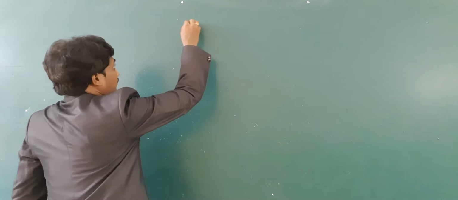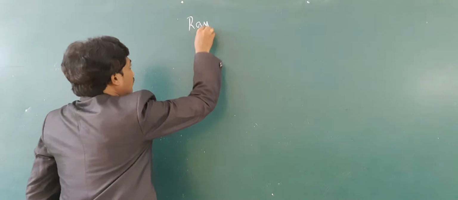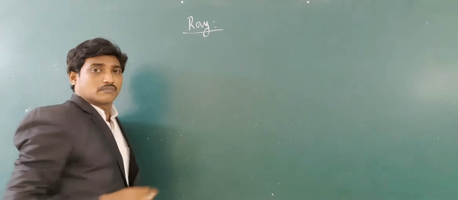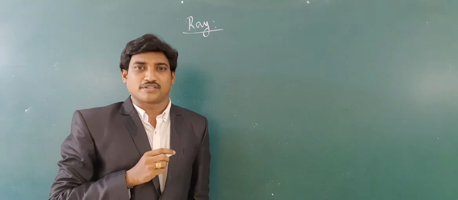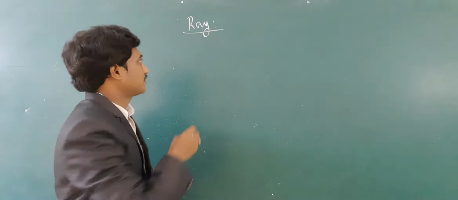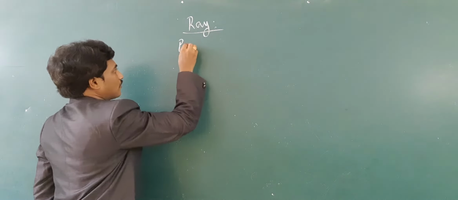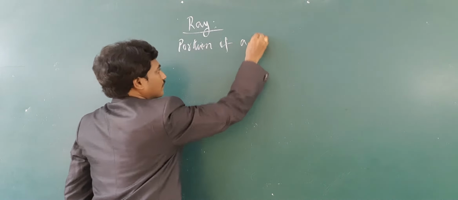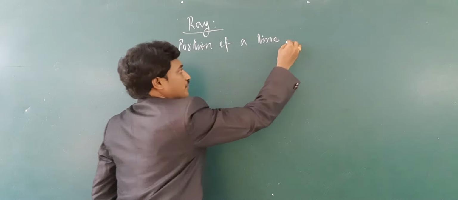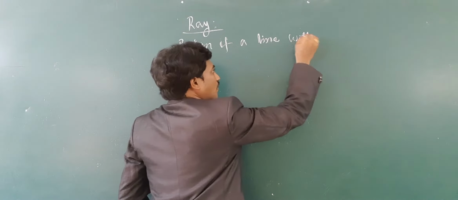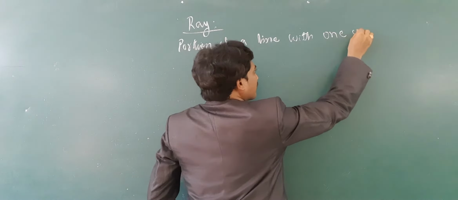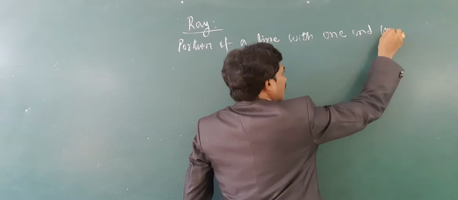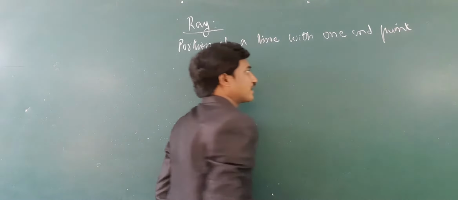First of all, ray. A portion of a line with one endpoint is called a ray.